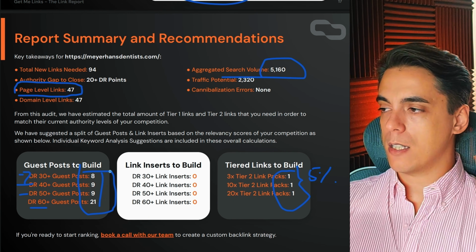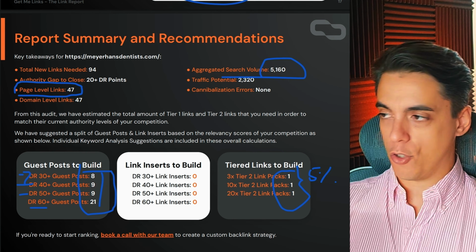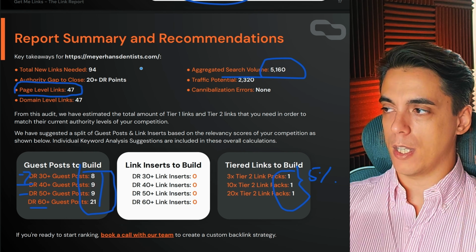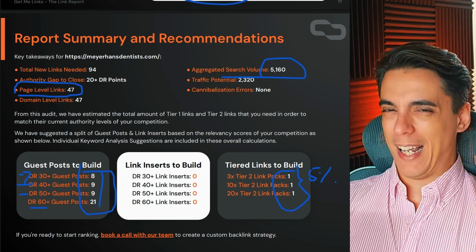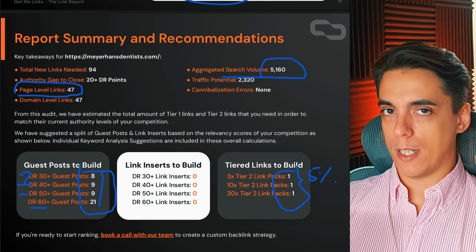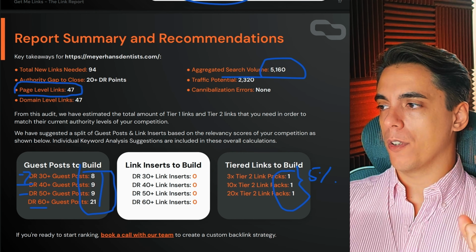So yes, it's one of the more competitive niches, one of the costlier niches to rank, but because this client, right, that wants to rank on the whole state is in for a competitive run, they really want to take a bit of a land grab here on the niche, then this is what we have to do.